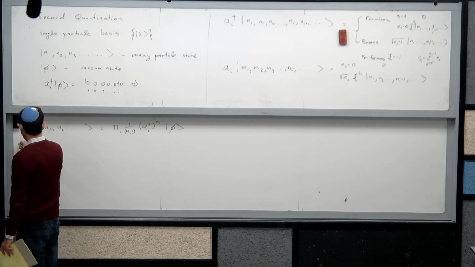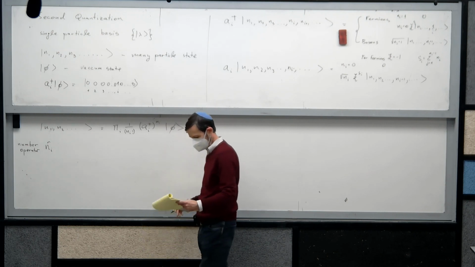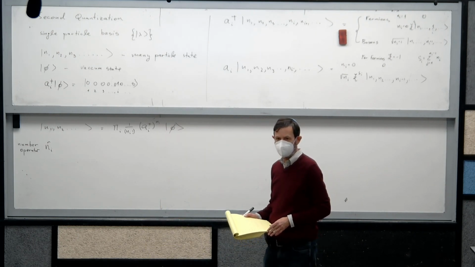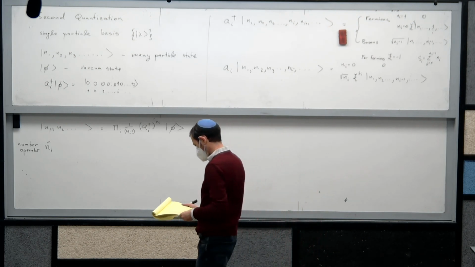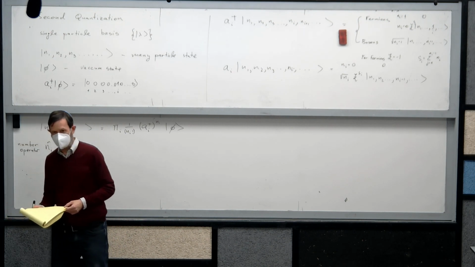Let's define the number operator. Isn't it supposed to be in square root, the Ni at the bottom? I think not, but you can check.